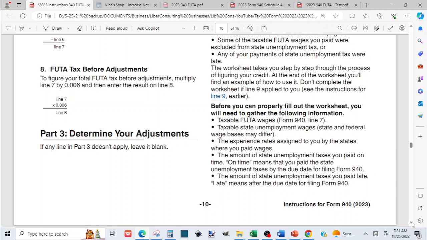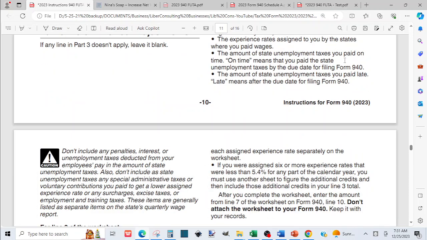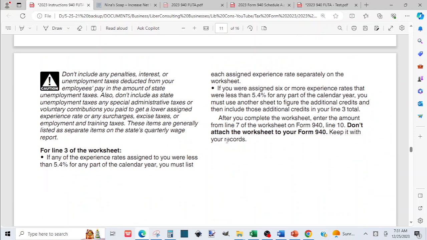That's pretty much when they say you pay on time, it's based on the IRS Form 940 cutoff. Don't include any penalty, interest, or unemployment tax deducted from your employee pay. Okay, they just pretty much explain it.